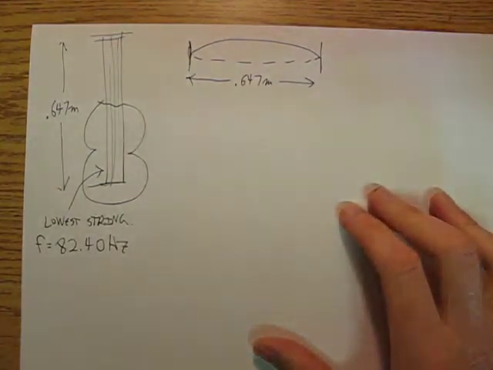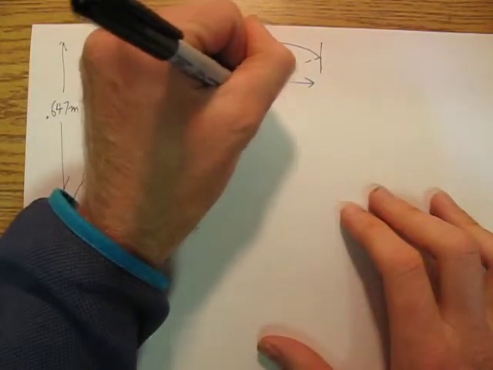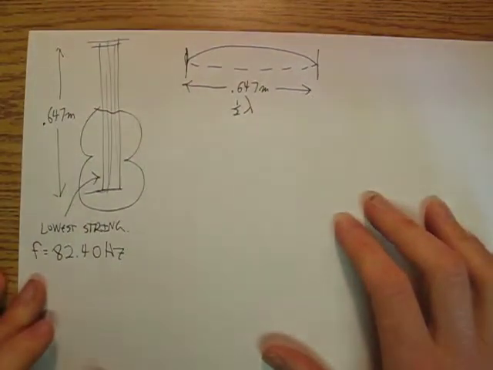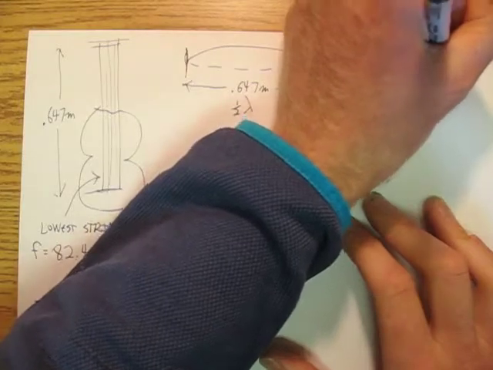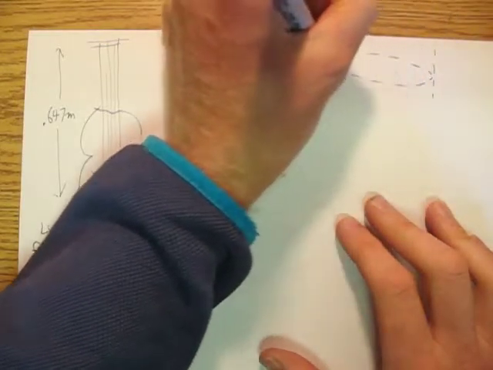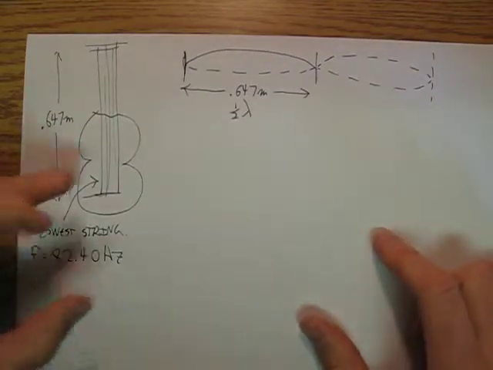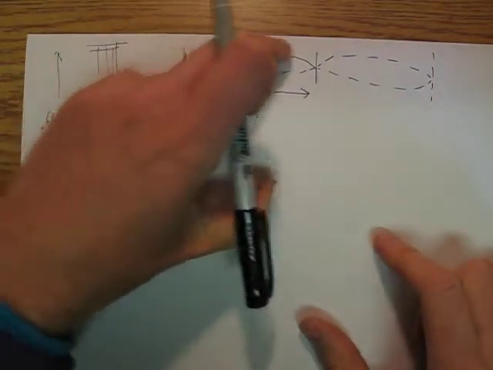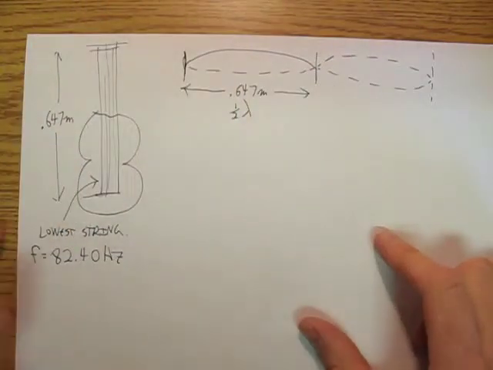But this is only 1/2 of the wavelength, because there's an imaginary extension of that that makes the full wavelength. So the full wavelength is going to be up, then down. It's going to be one complete cycle.